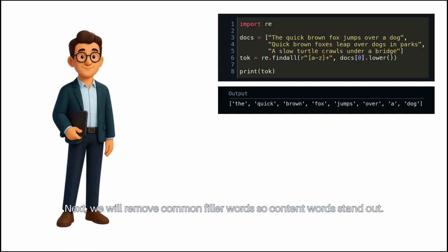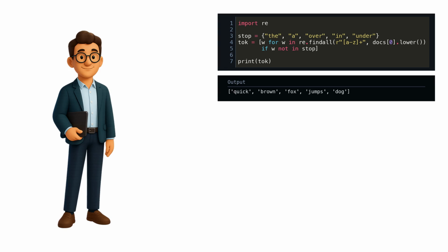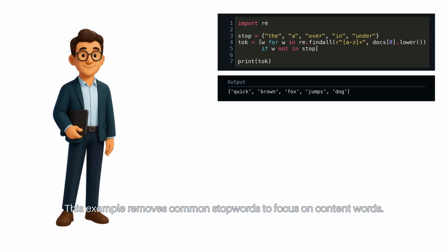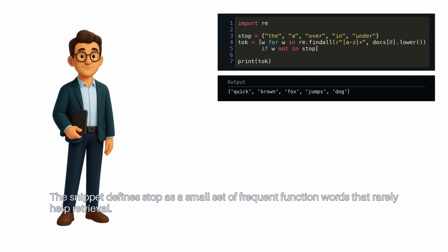Next, we will remove common filler words so content words stand out. This example removes common stop words to focus on content words. The snippet defines stop as a small set of frequent function words that rarely help retrieval.